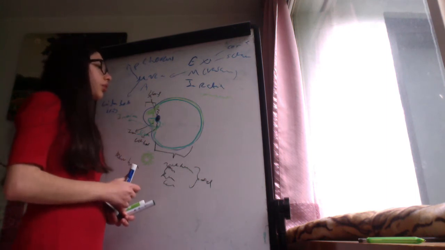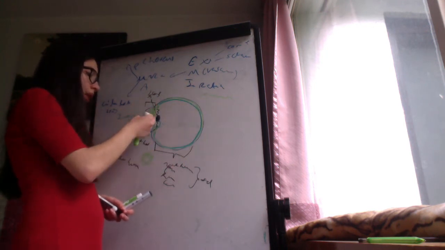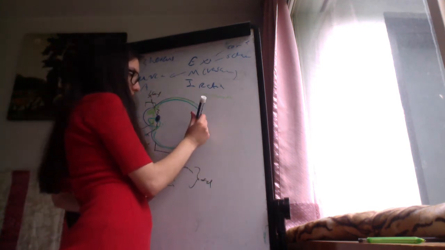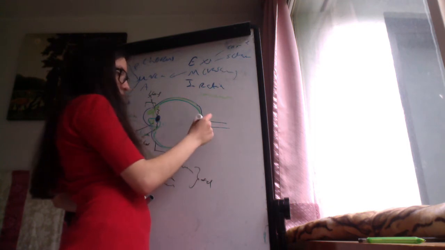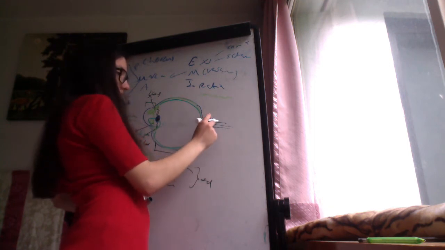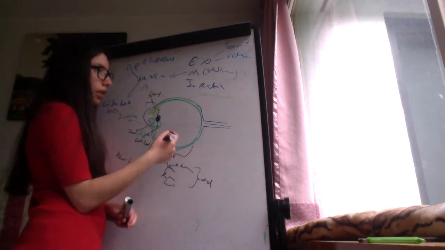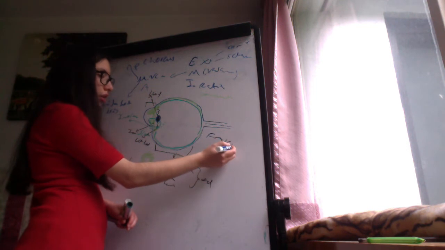Alright, now let's focus on the external layer first. We have the sclera. The sclera is continuous with the dura mater of the optic nerve. Here's the optic nerve and here's the dura mater. The sclera has layers. One of it is the fossa layer.